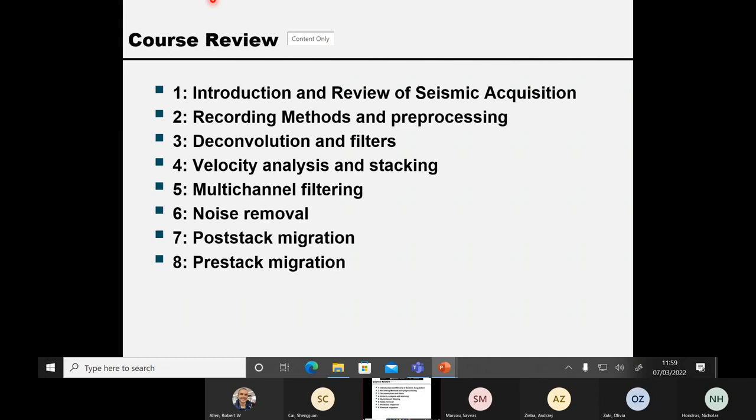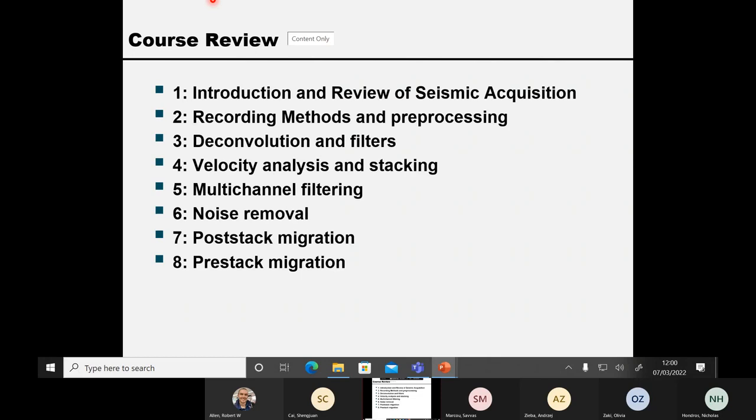You can see whether the correlation is good or not. And the 2 deconvolutions, predictive decon and gap decon, actually use the same identical software. The only difference is you set up the gap. If gap is 1, that's a spike decon. If gap is a certain value, like 32 milliseconds, that will be a predictive decon.